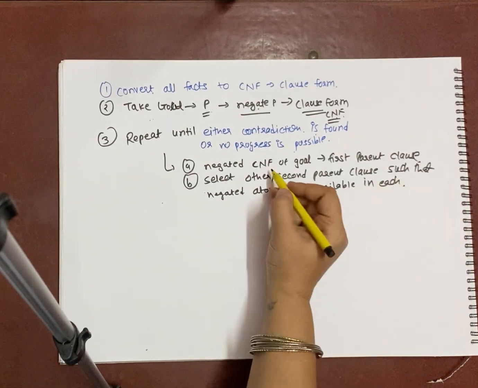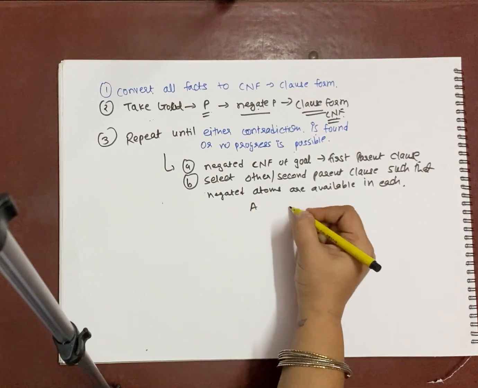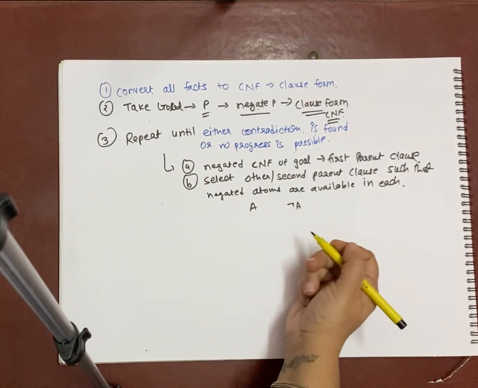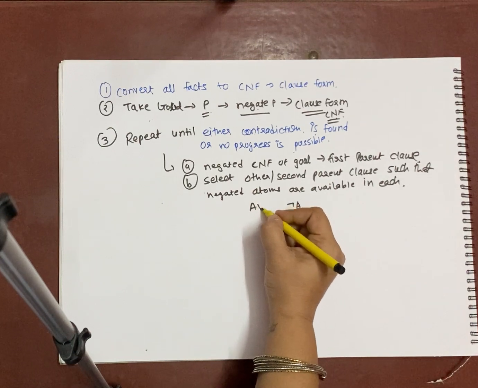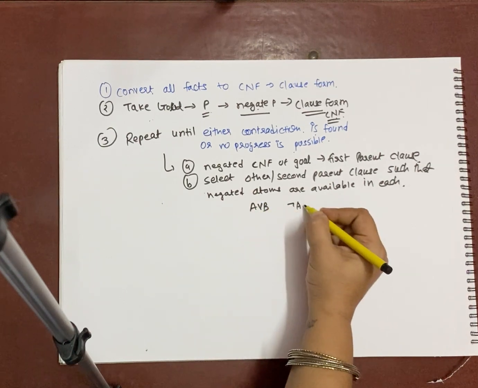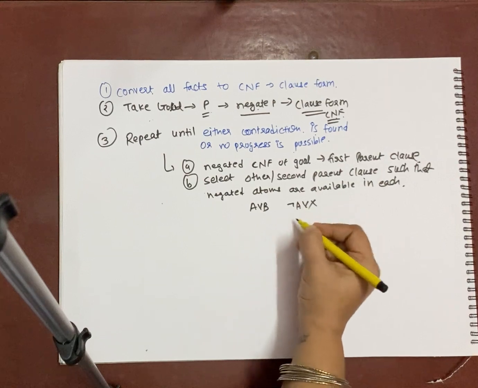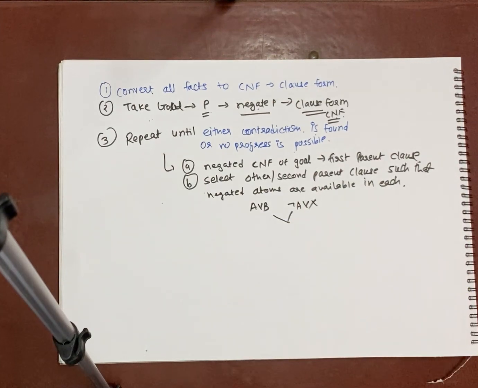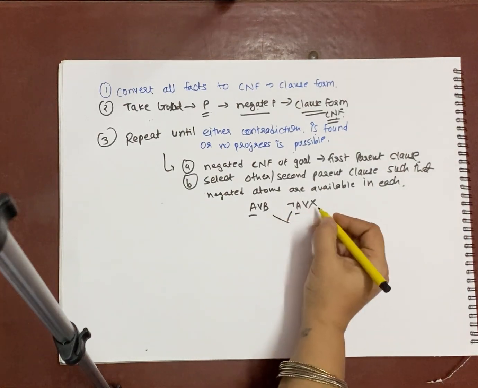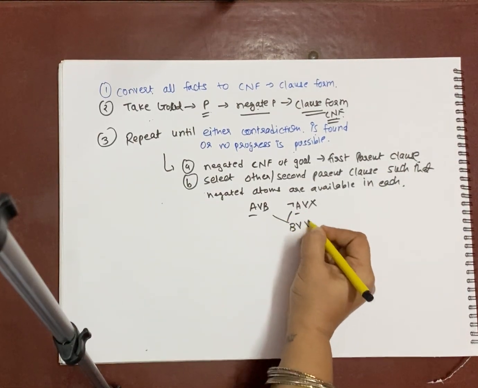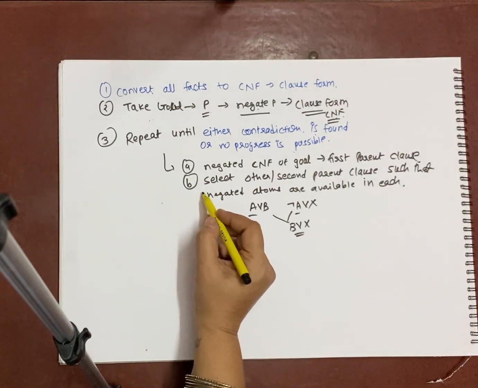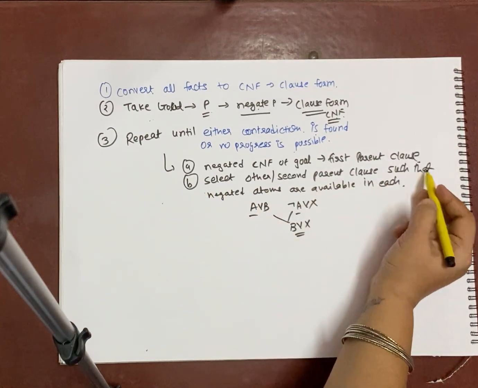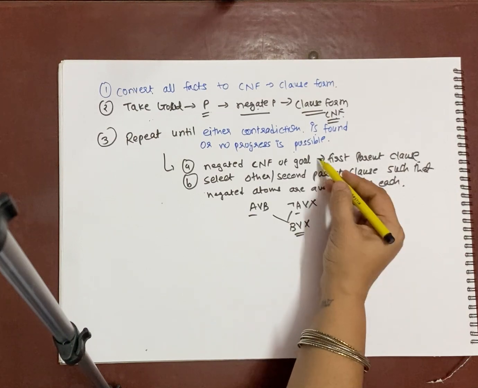Means if the goal has A, then the other parent will have somehow not A. Suppose the goal says A or B, and the other is not A or X, and if you apply resolution between them, then A and not A are cancelled out. What is remaining? B and X. So B or X is going to be the resolvent. Are you getting this? So select the second parent clause such that negated atoms are available in both the parent clauses.